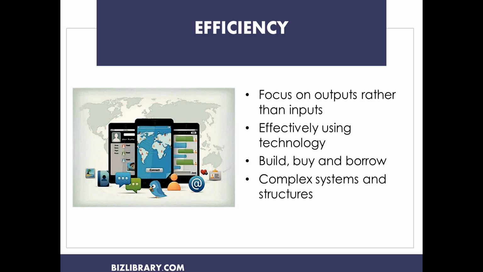And when we can break it down that way, we end up with a program that is in fact efficient because we have a focus. We are relentlessly focused on performance improvements in areas that can deliver benefits, which means we have to make effective use of technology. We have to think about content carefully. So does it make sense for us to build this content? Do we buy this content? Do we borrow this content?